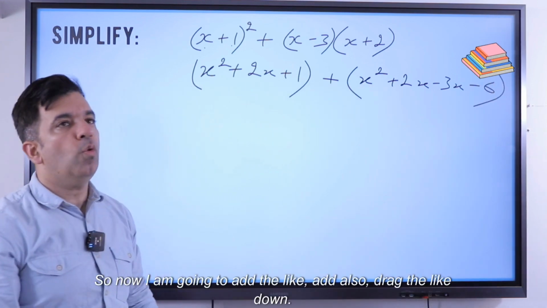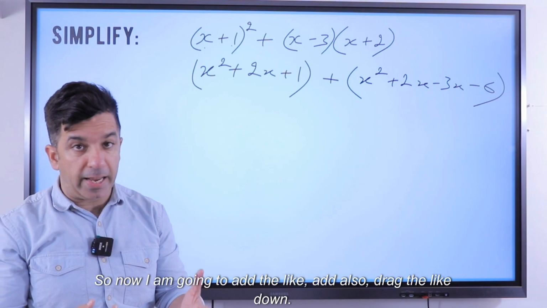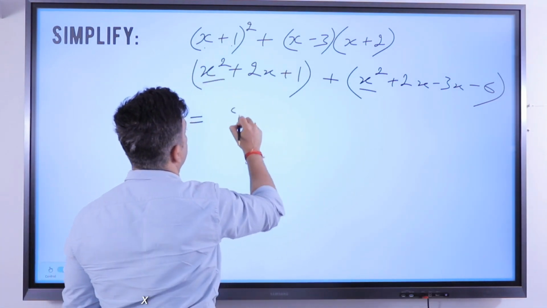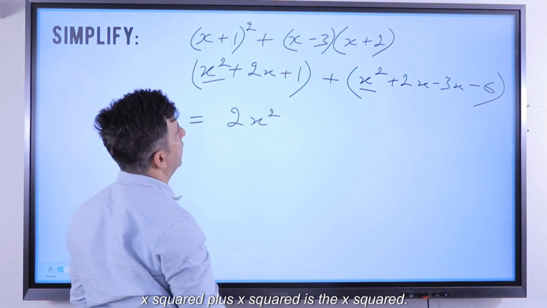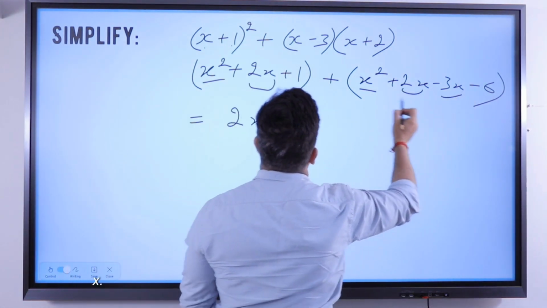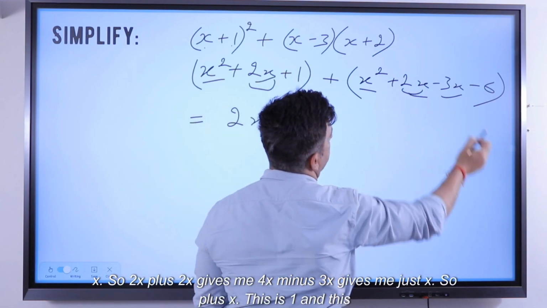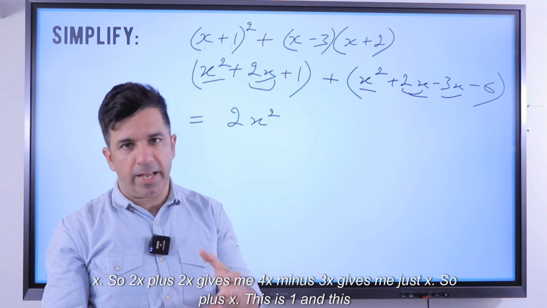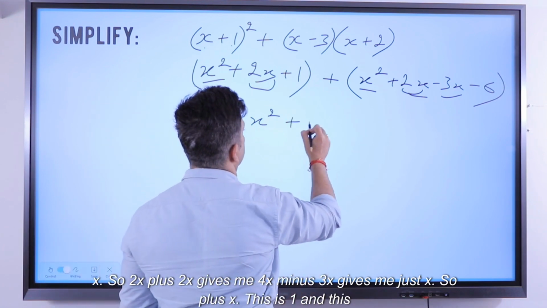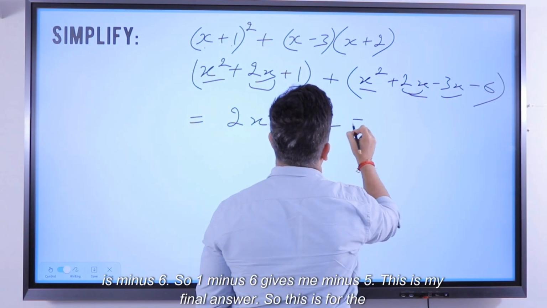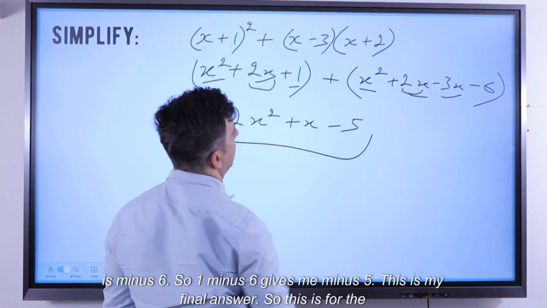Now I am going to add or subtract the like terms. x square plus x square is 2x square. 2x plus 2x gives me 4x, 4x minus 3x gives me just x. So plus x. This is 1 and this is minus 6, so 1 minus 6 gives me minus 5. This is my final answer.